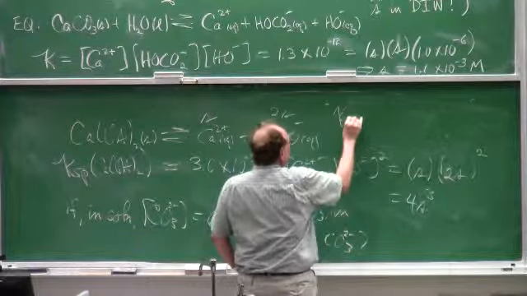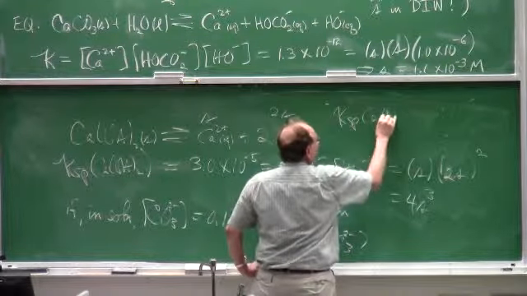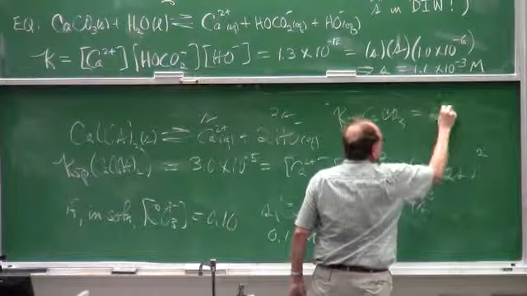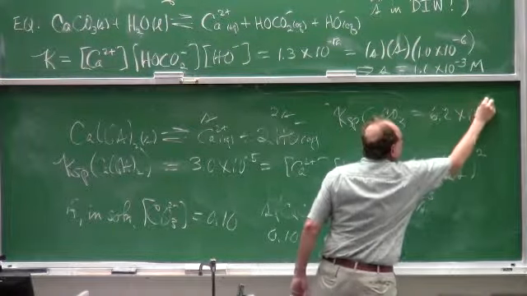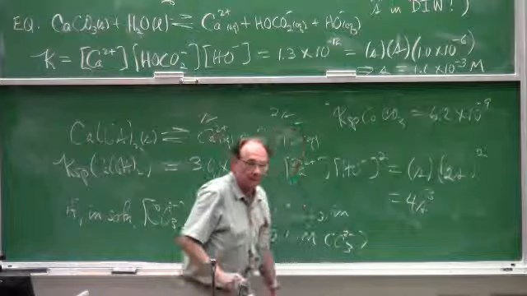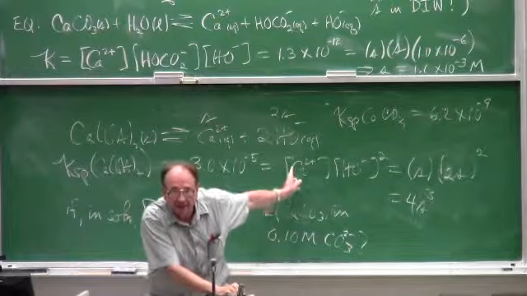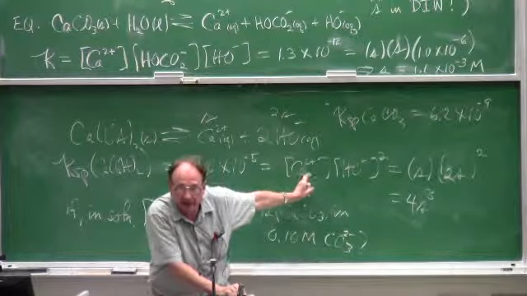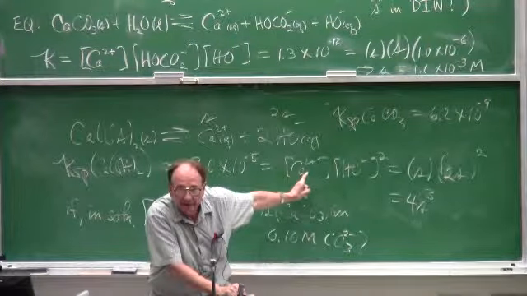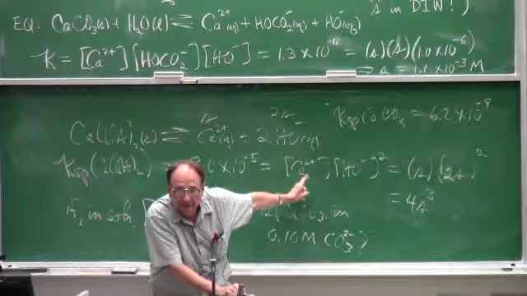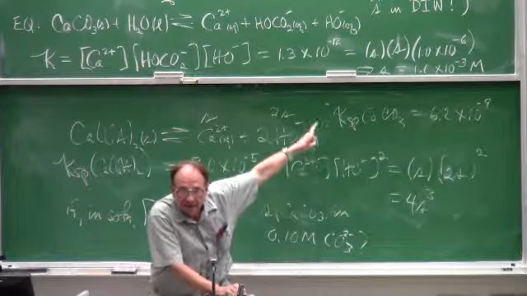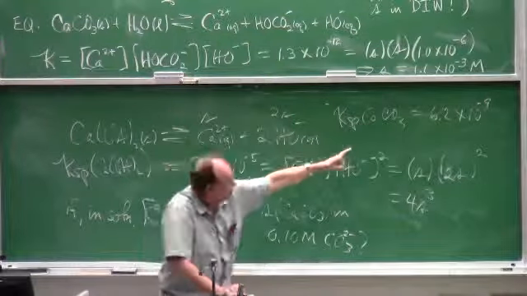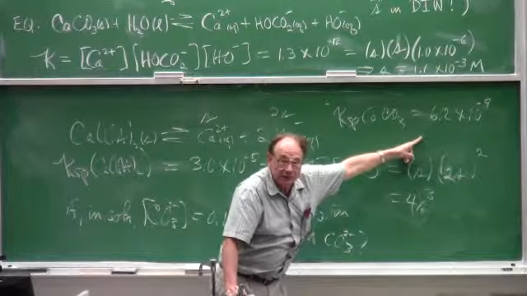KSP, calcium carbonate, 6.2 times 10 to the minus 9. What's the solubility? It's 6.2 times 10 to the minus 8, isn't it? It's just this divided by 0.10.